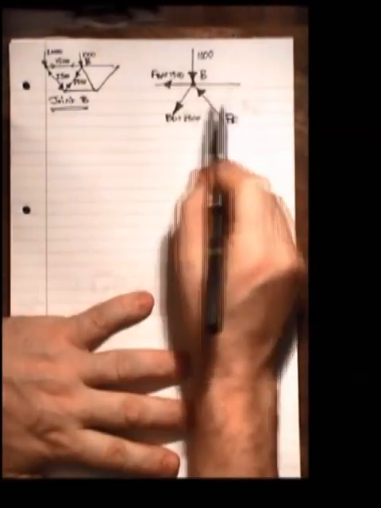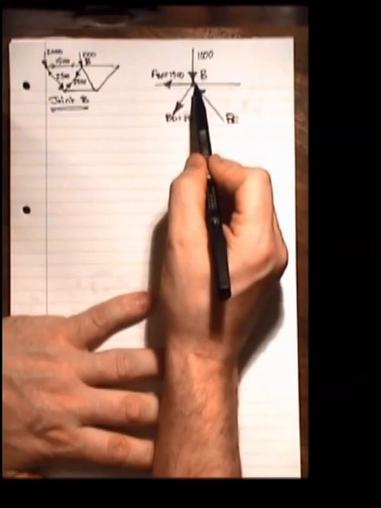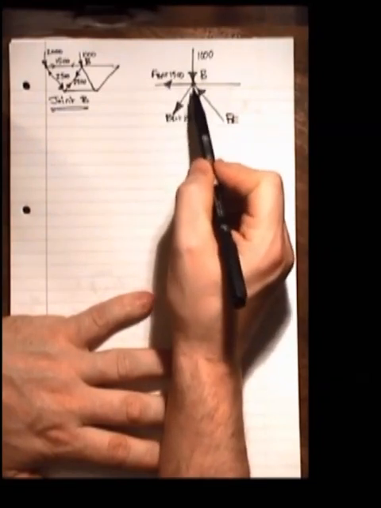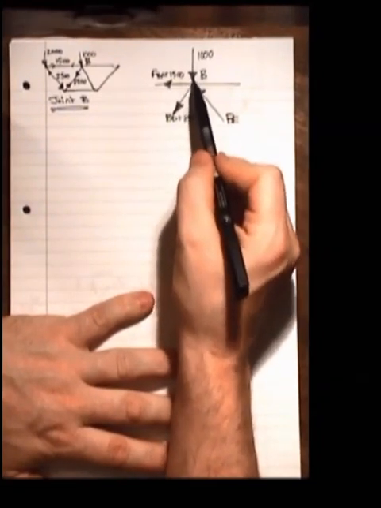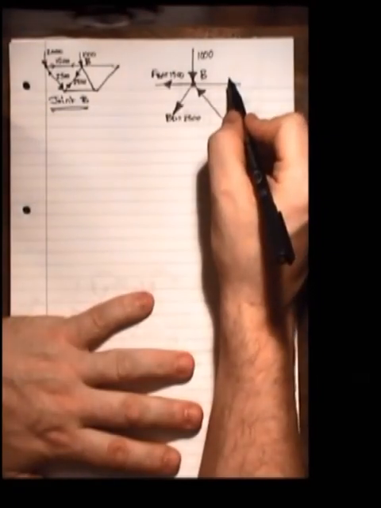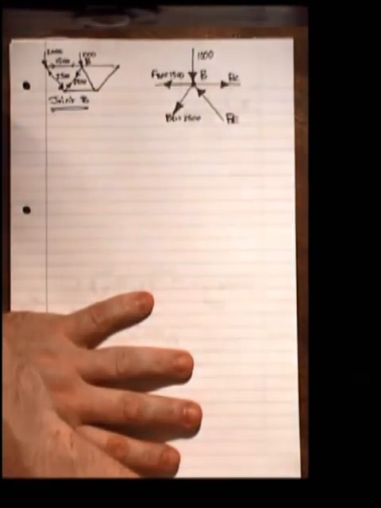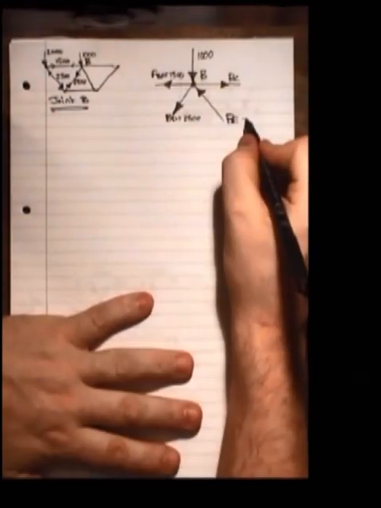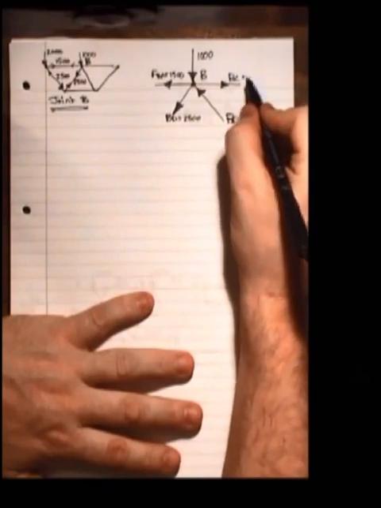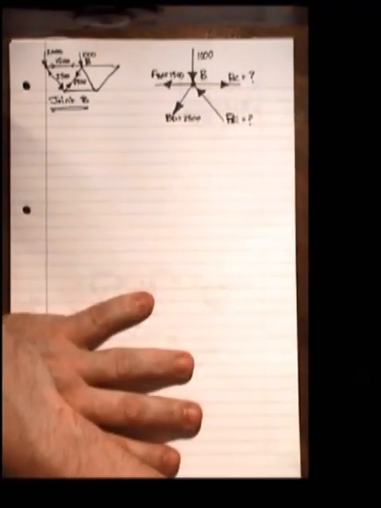Now if you looked in a horizontal direction, all of the forces are pointing to the left. You ignore this 1,000 because it's come straight down, so you can guess that your BC is going to the right. So we're trying to work out what BE is and what BC is.